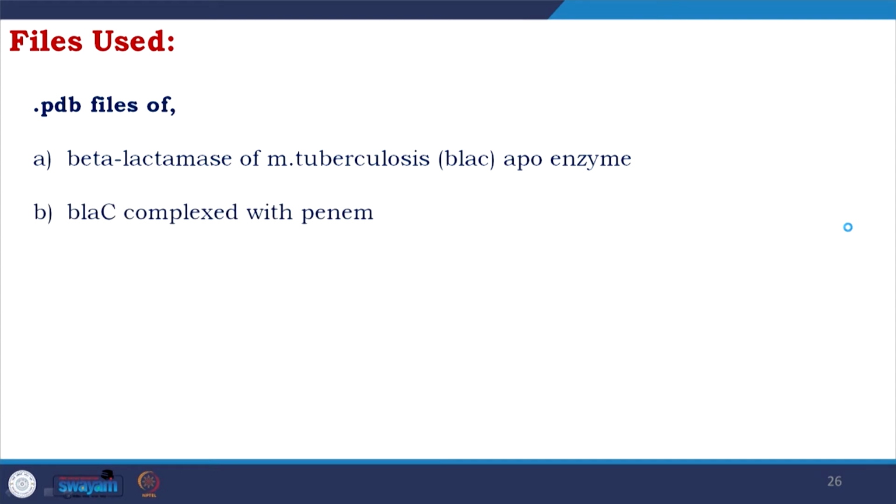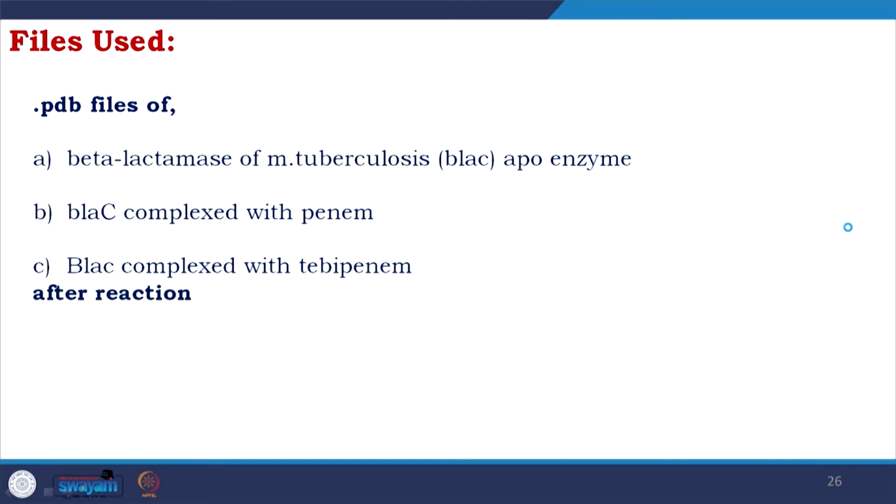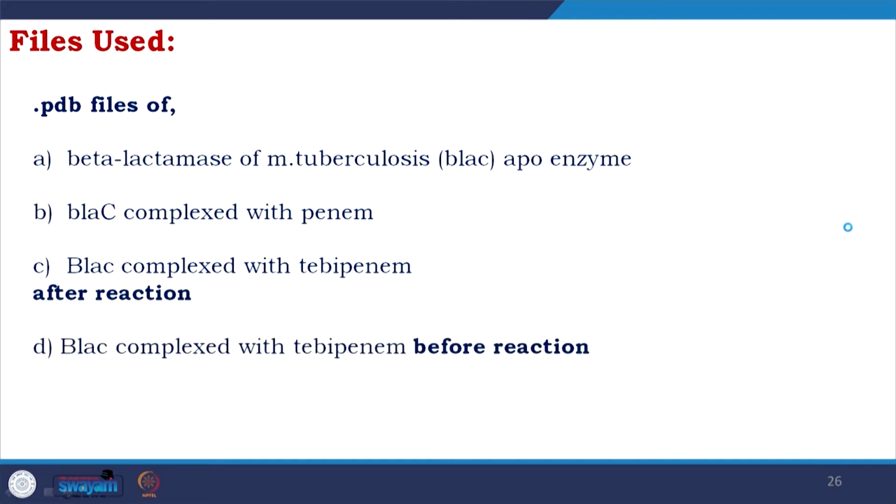Then BlaC, the enzyme complexed with the penem, I talked about the compound that rearranges and makes a 7-membered ring. So, we will see that. Then BlaC complexed with tebipenem after the reaction, and BlaC complexed with tebipenem before the reaction.